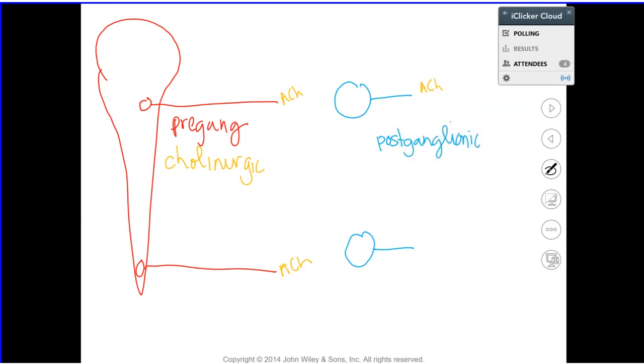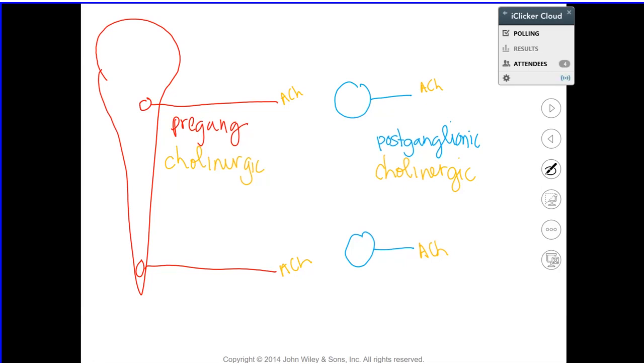Since it always releases ACH, what type of neuron is this second neuron? You got it. That's because you weren't here on Tuesday. You missed a lot of material.